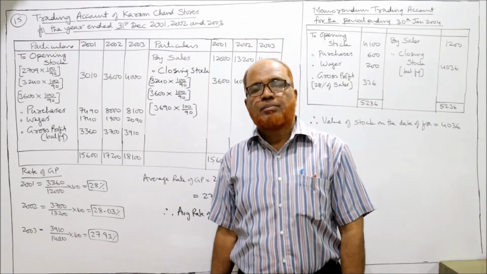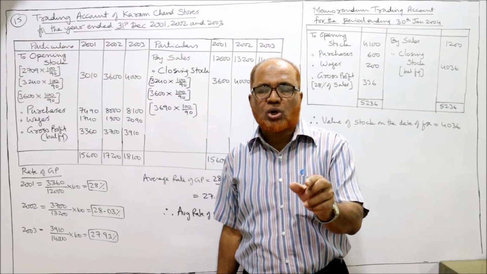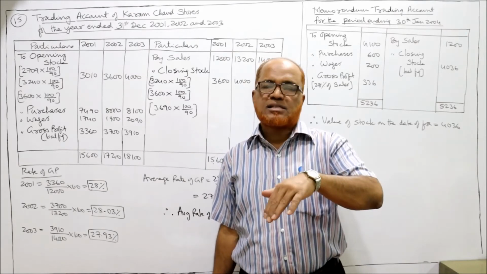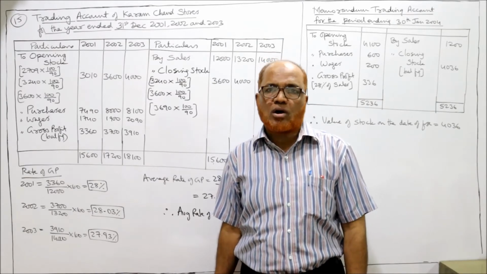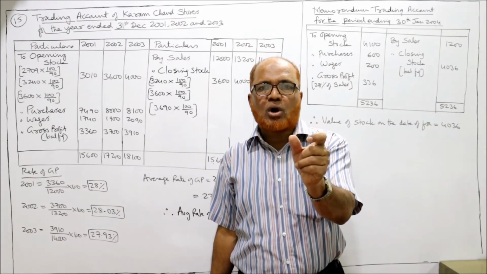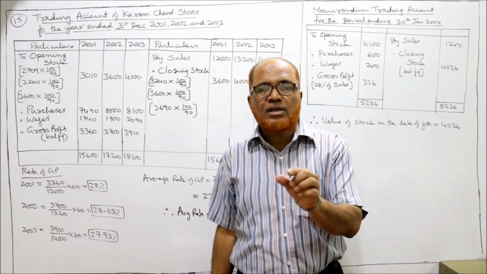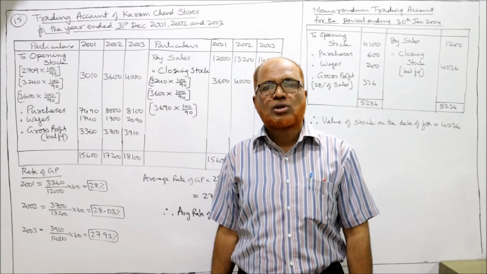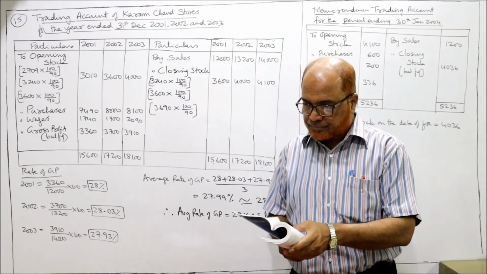But for calculating the GP ratio, and the stock on the date of fire, we must take the stock at its cost. अगर बिजनेस में 10% लेस या 10% मोर कुछ भी करते हैं तो we have to bring the stock to its cost. तो हम यहाँ पर लेस देन 10% कर रहे हैं, तो we will take the valued stock into 100 by 90, because the stock is valued always at 10% below cost. So to increase, we multiply the stock into 100 by 90.